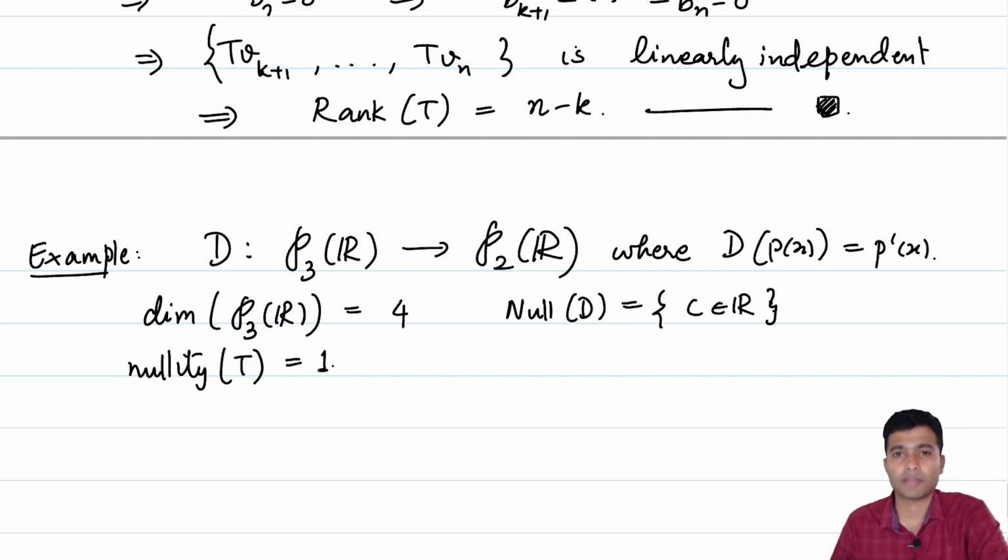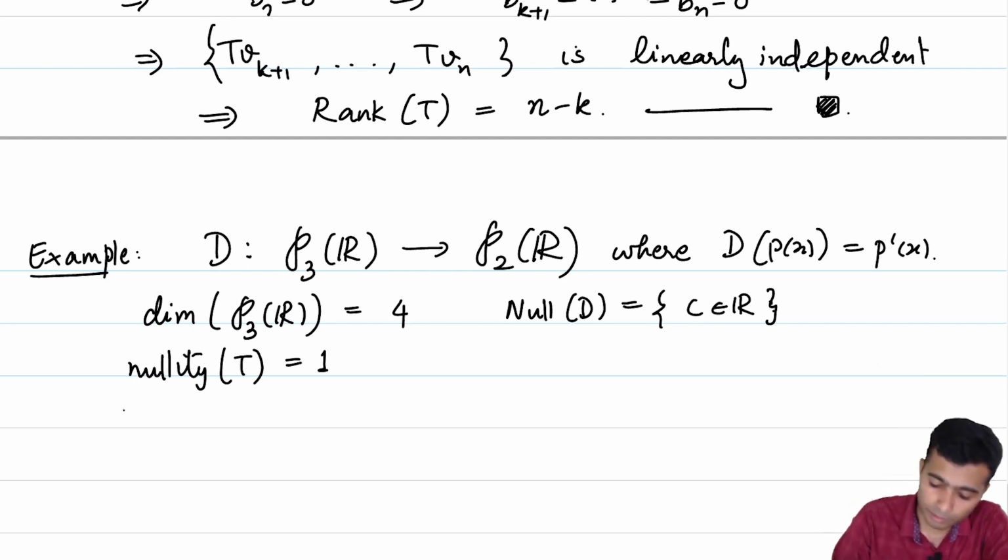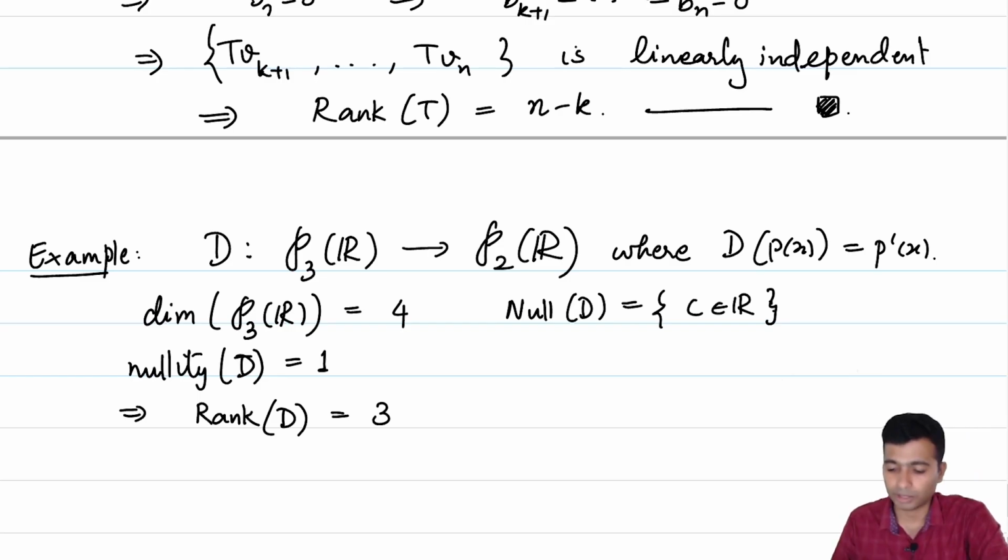R has dimension 1 over itself, so you can check that the basis is given by any non-zero real number. And this implies our rank of D is equal to 4 minus 1, which is equal to 3.